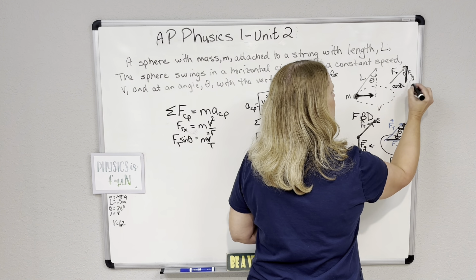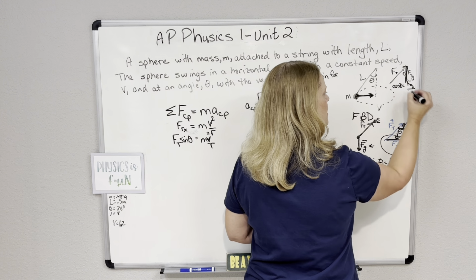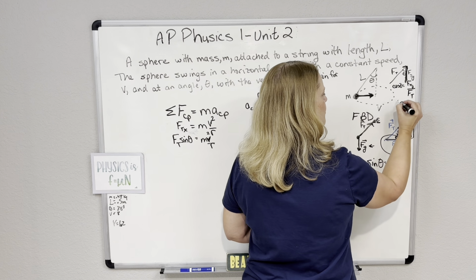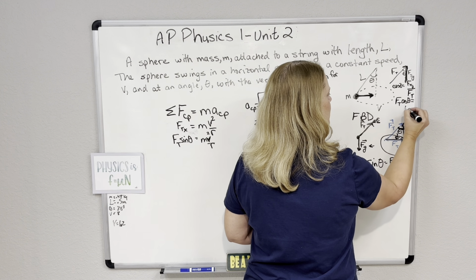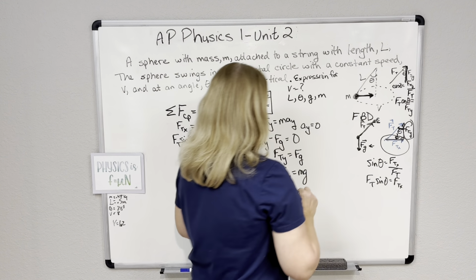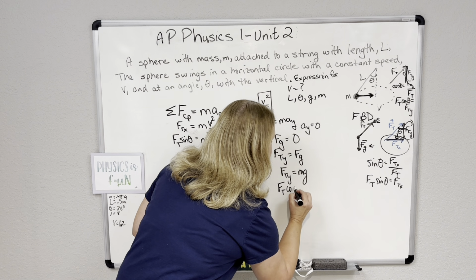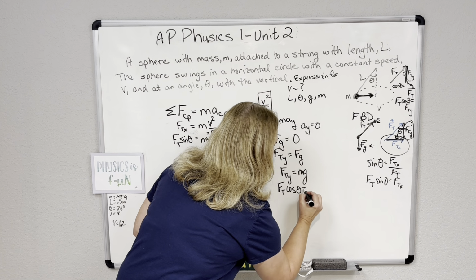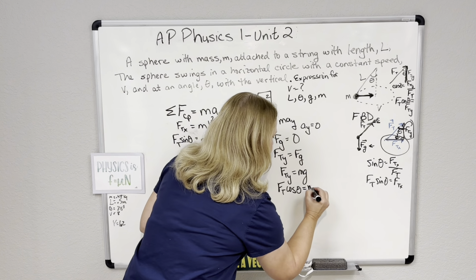Cosine theta equals the adjacent side, force of tension in the y, over my force of tension. I multiply that force of tension times cosine theta is going to equal that tension in the y. So I'm going to plug that in right here. So my force of tension cosine theta equals my y, I just subbed that in, equals mg.